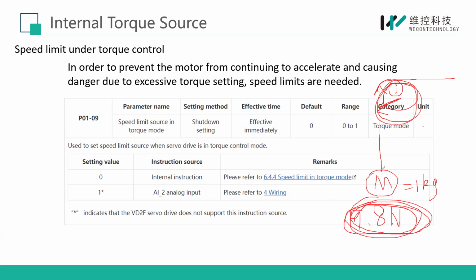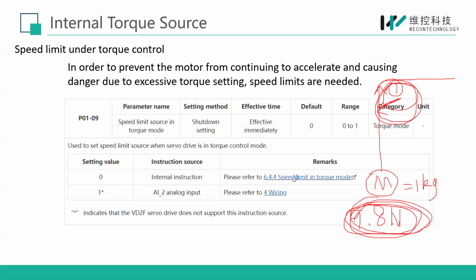So there are some calculations to get the torque of our load.